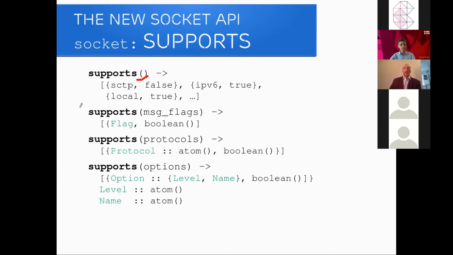You can also ask for a list of message flags and see which are supported, or a list of all known protocols. This is the list that is enumerated by getProtoEnt when the NIF library is loaded. You can also list all known socket options and which are supported.